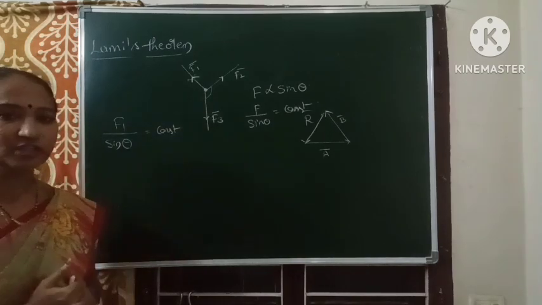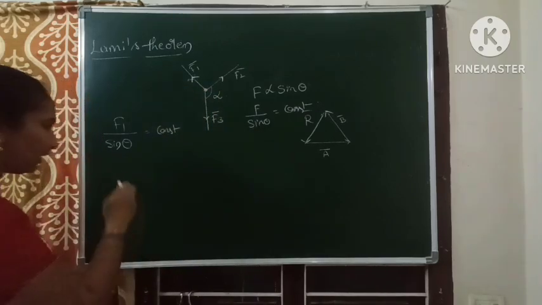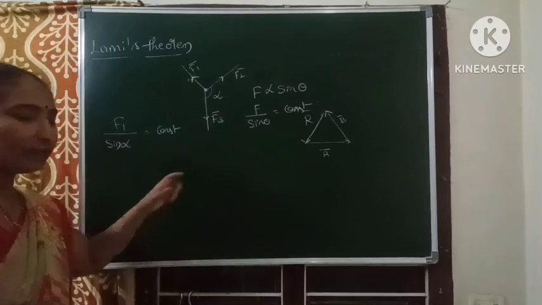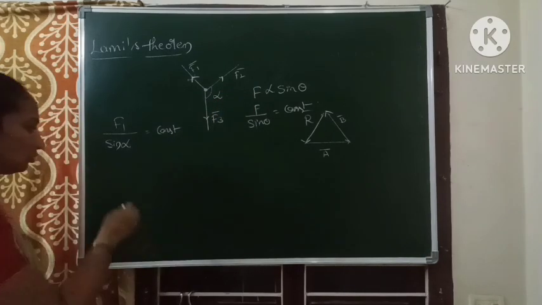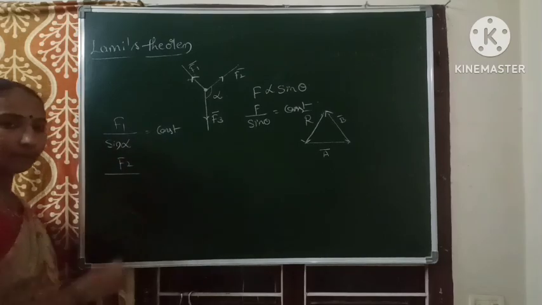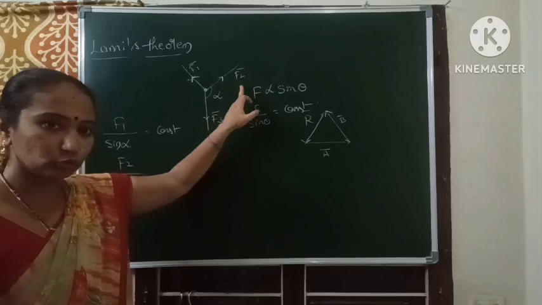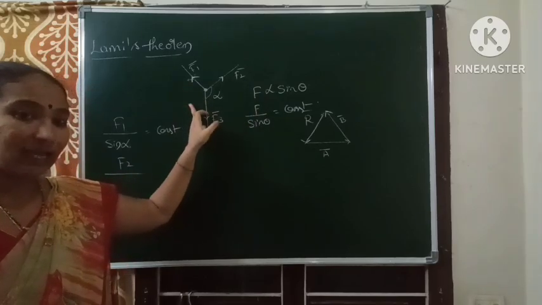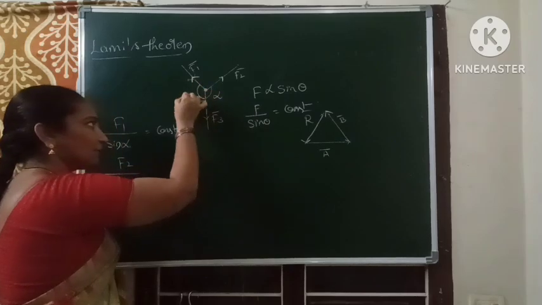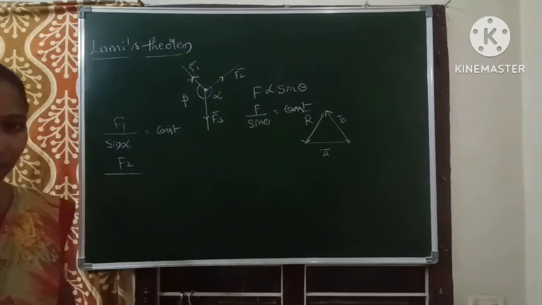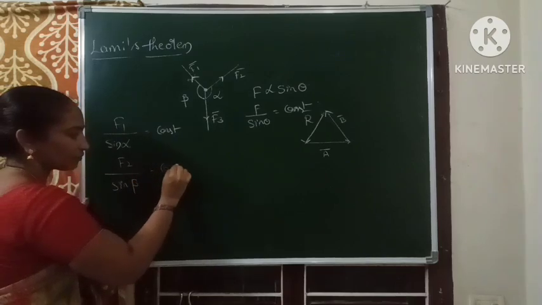Similarly, if we apply this to the remaining two forces, let us consider this angle is alpha. And one more, the magnitude of the other force F2 is F2. By ratio, the ratio of the magnitude of F2 to the sine of the angle between the two other forces, F1 and F3, let us say beta, so F2 by sin beta is also equal to a constant.